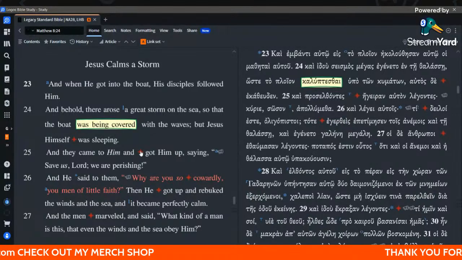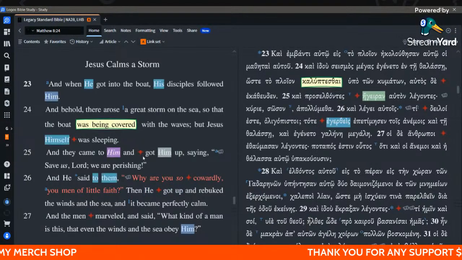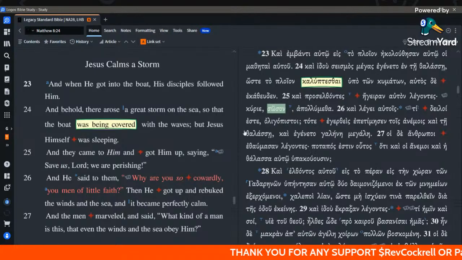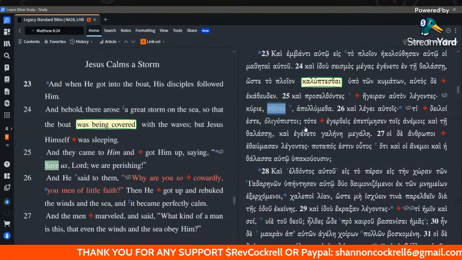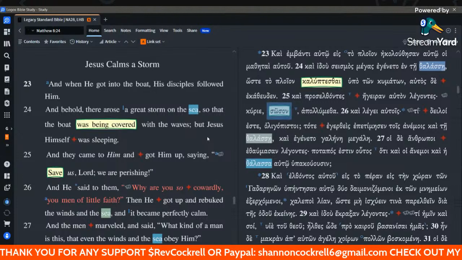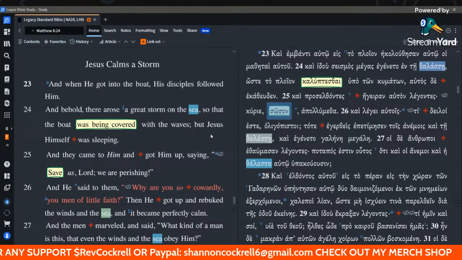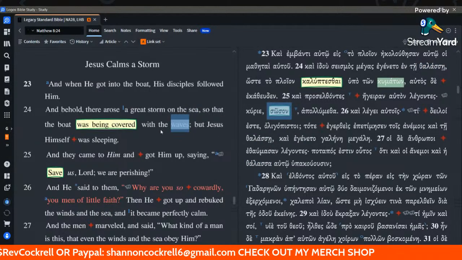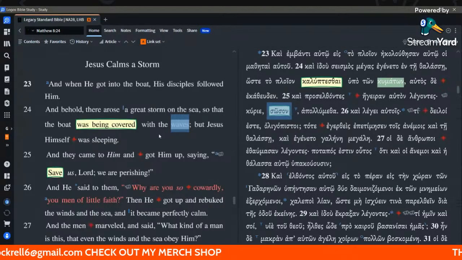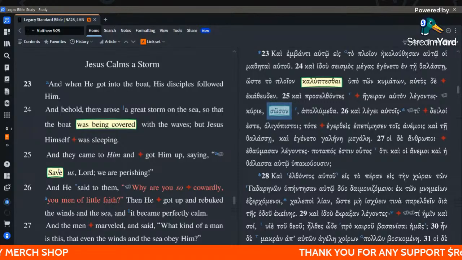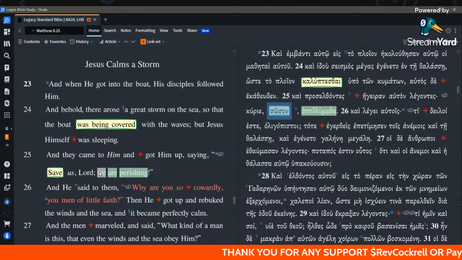They roused him from the sleep, saying, "Save us." Over here, your Greek word there is soson. An aorist imperative, urgency. They're screaming out, "Lord, save us." Urgency. Why? We are perishing.